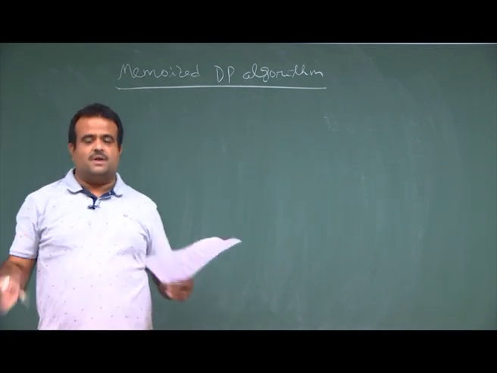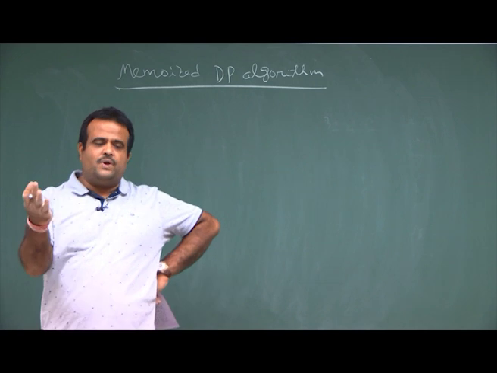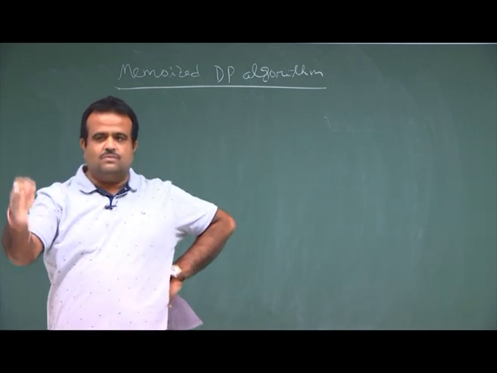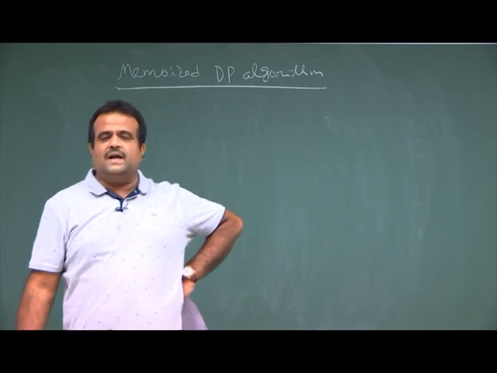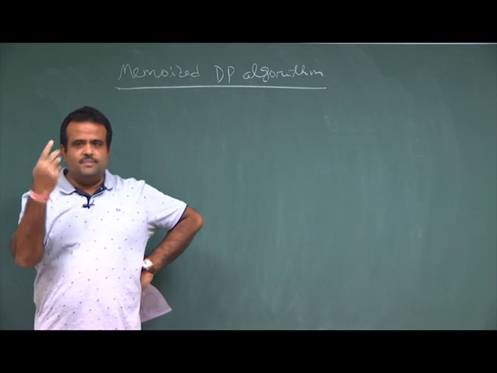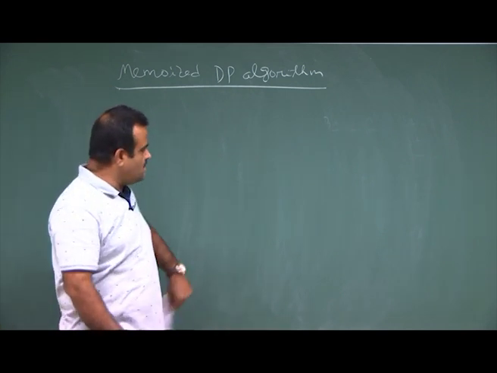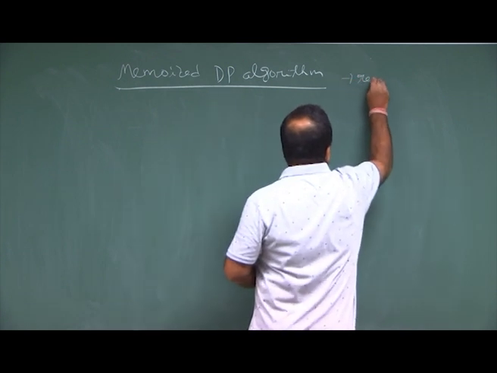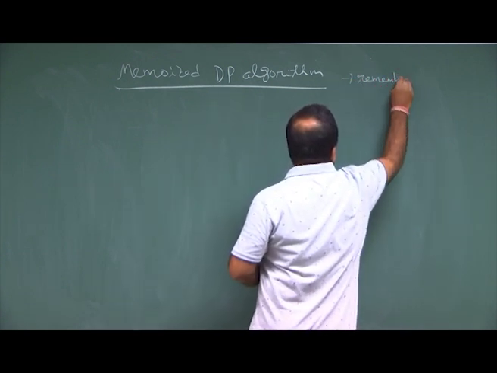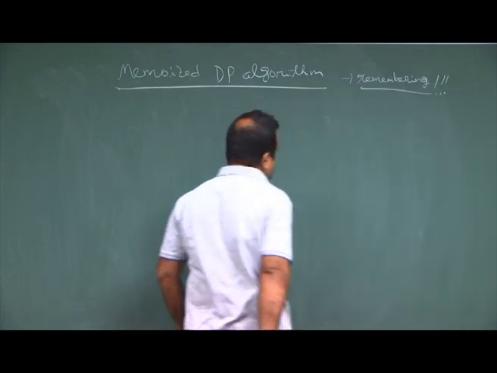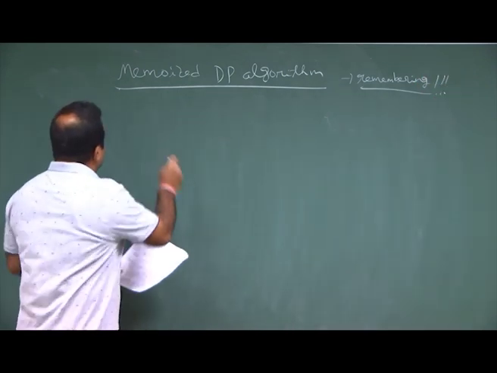Memoize means we remember. Once we compute a value, we remember. So, we will use a dictionary, we will put the value over there so that we do not need to compute it again. That is the memoization, remembering. How do we remember?